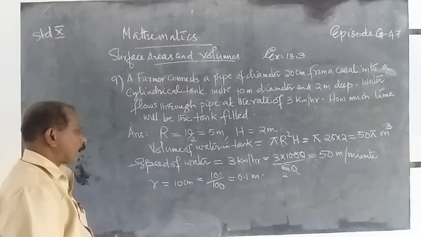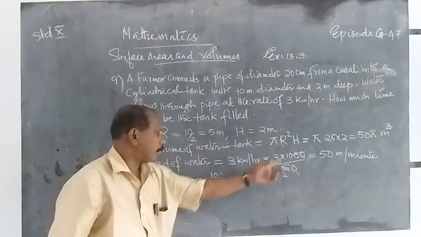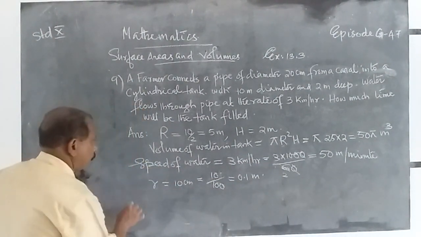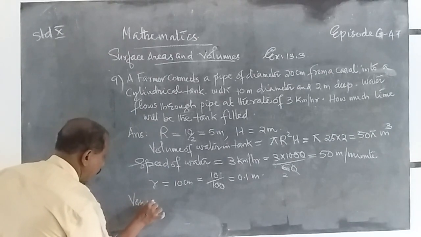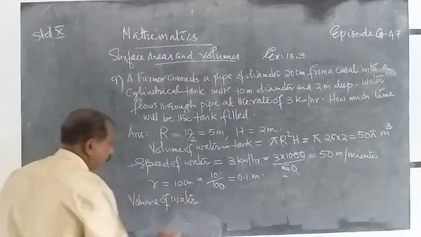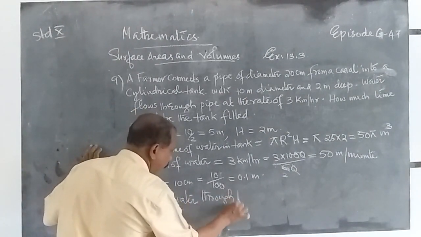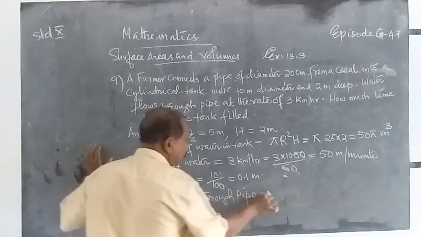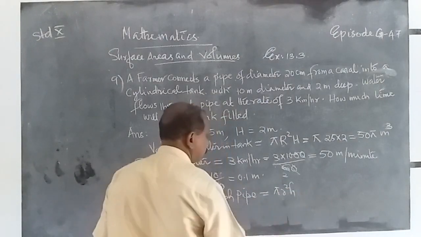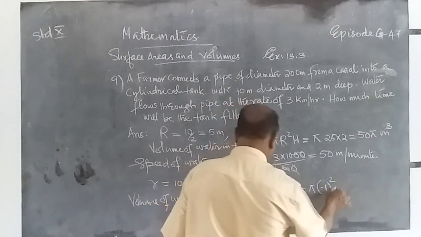Therefore, the volume of water through the pipe, this is the length, this is the radius, that is also a cylindrical shape. Therefore, volume of water through pipe is equal to pi r square h, which is pi into 0.1 square into h.